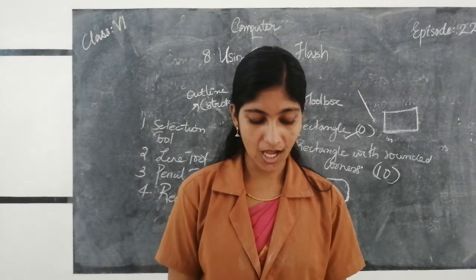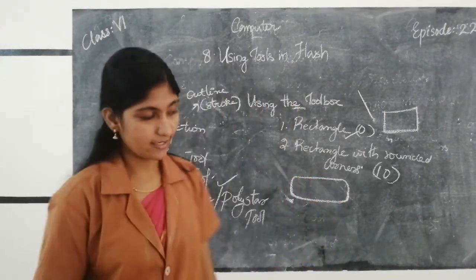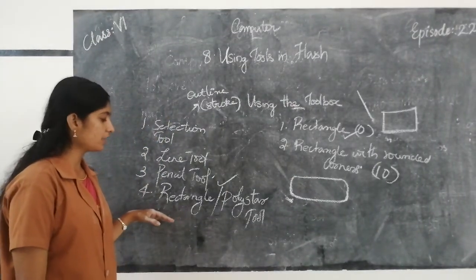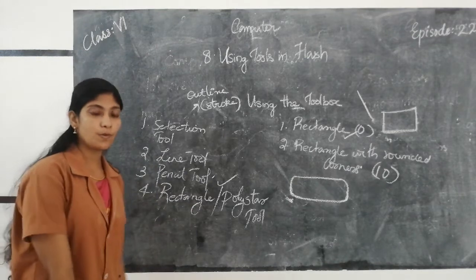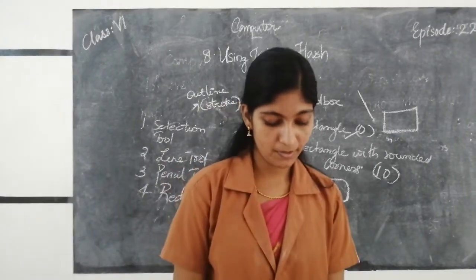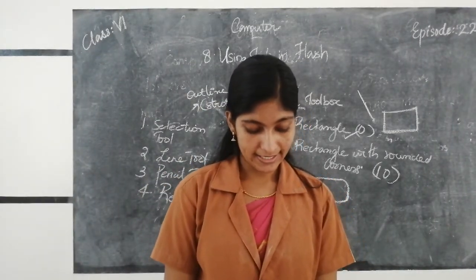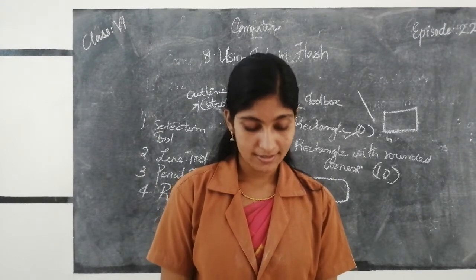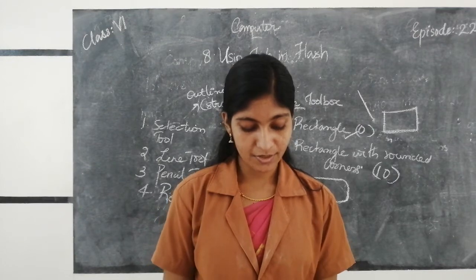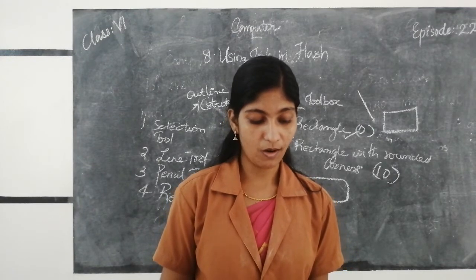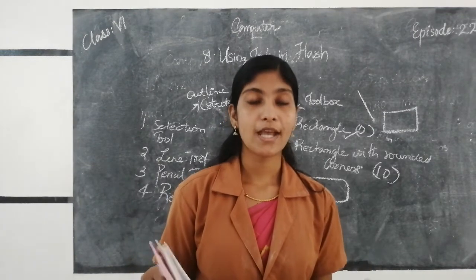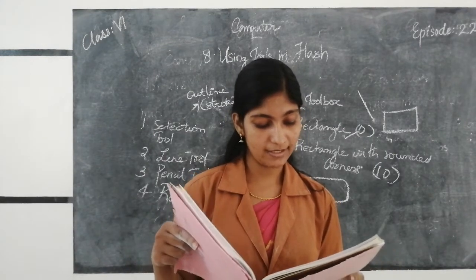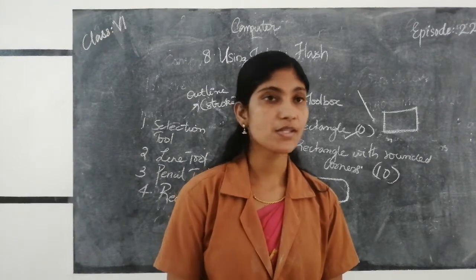Then next is how to draw a polygon star. We know in the same menu we can use two different tools, so the second one is the Polystar tool. How to draw with the Polystar tool? You can select some options: the oval tool, rectangle primitive tool, oval primitive tool and Polystar tool. Using the Polystar tool, you can set the number of sides.